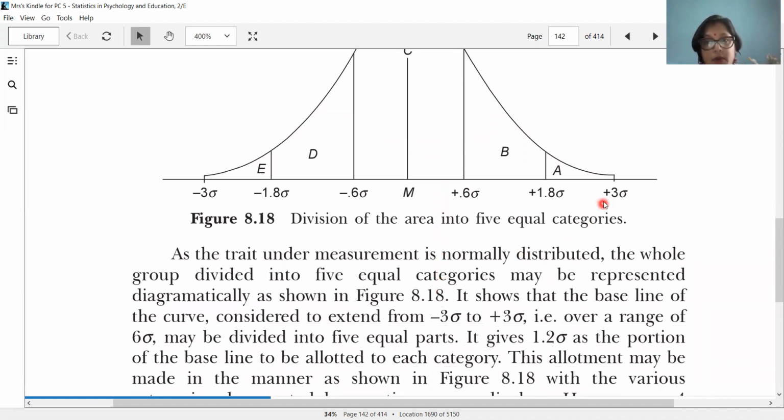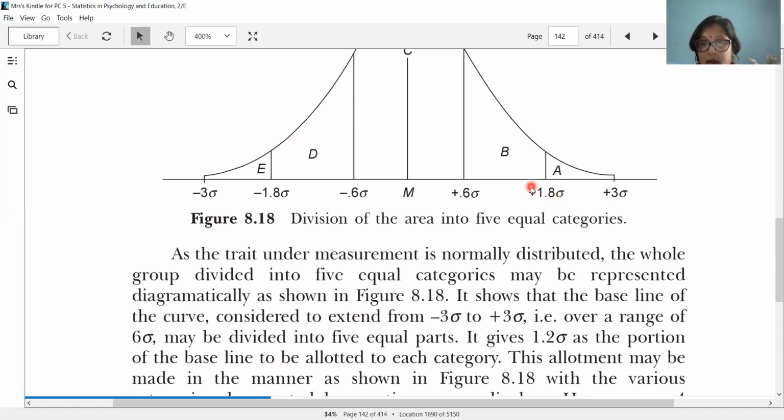So here you need to subtract 1.2 sigma from +3 sigma, and you will get 1.8 sigma.